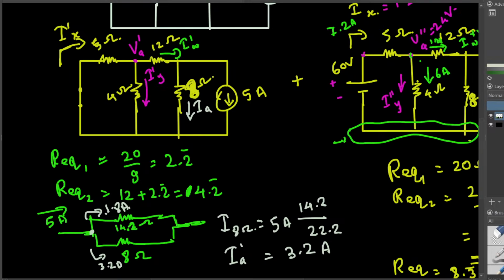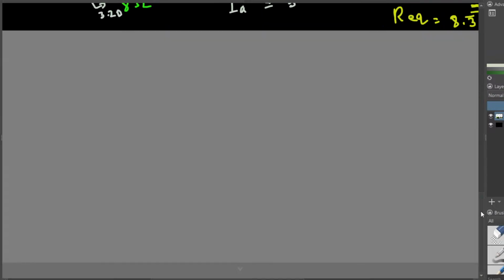Okay, so here let's take this point. Oh, I don't even need another diagram for it. I can look at the original circuit and say, here we know this is IA. Wait a minute.